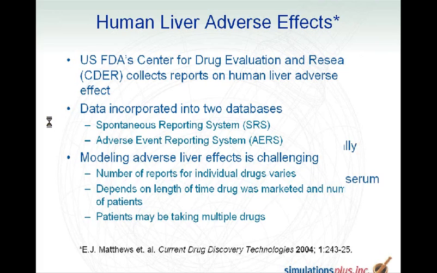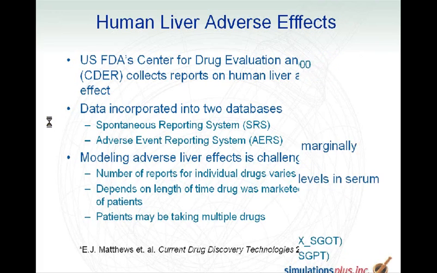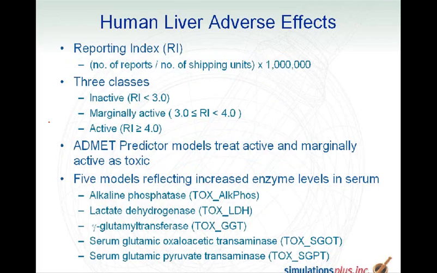So we tried to standardize the results in the reporting index. This is the number of reports for a particular molecule divided by the number of shipping units, so this is essentially how many prescriptions were taken.